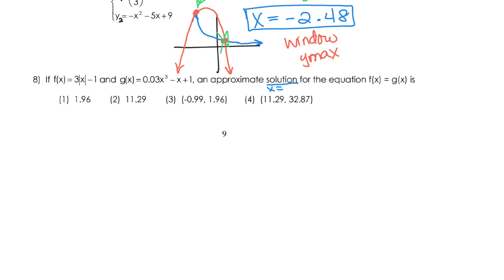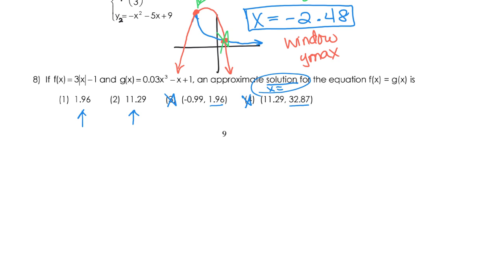And just based on knowing that, I'm going to get rid of choice 3 and choice 4 because these look like they have y values, where the first two are only one single value. Because they said solution, solution is really only what x equals. You would think that the solution is the whole point, but it's not, okay?